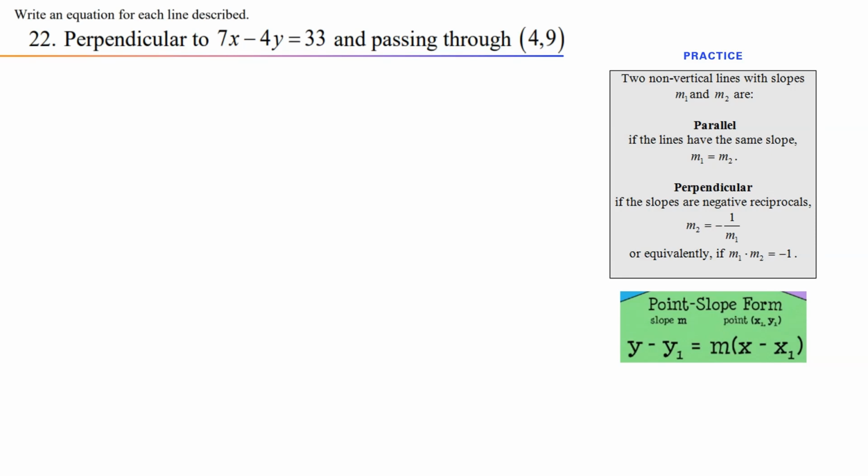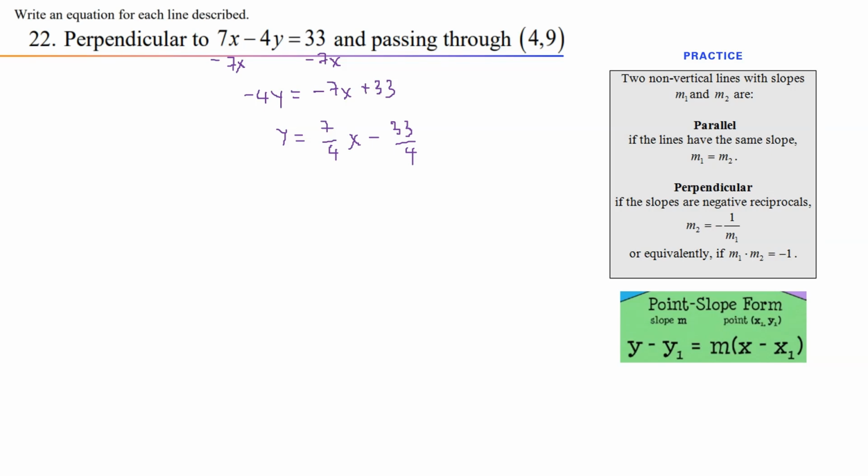So this one is similar, so we subtract 7x both sides. The previous question is the same, so we know that we divide both sides by negative 4, so we'll have 7 over 4x minus 33 over 4.